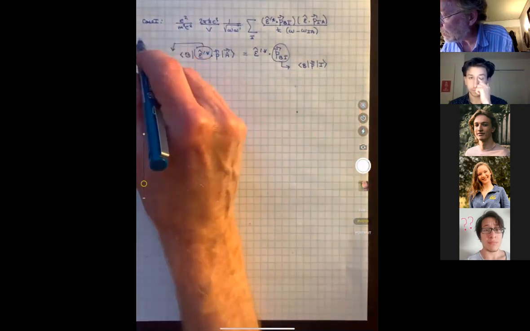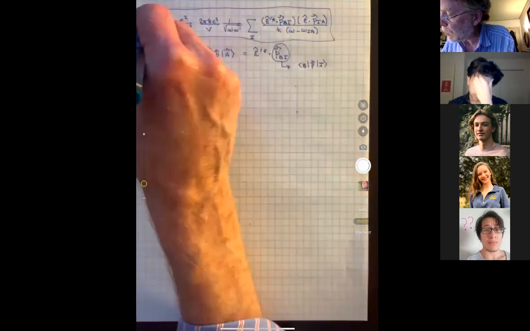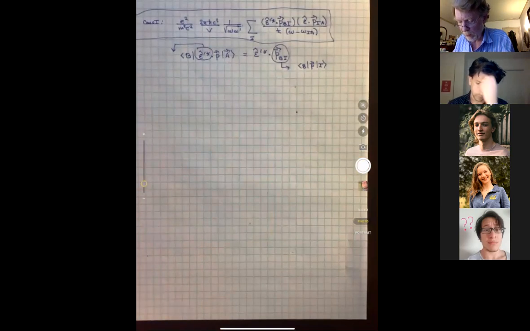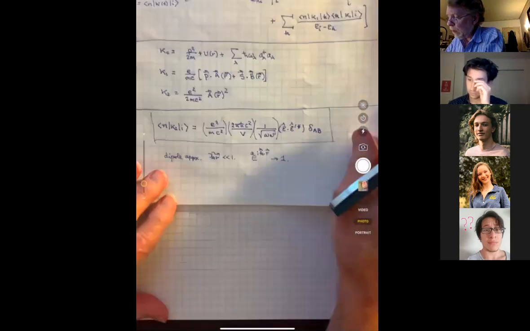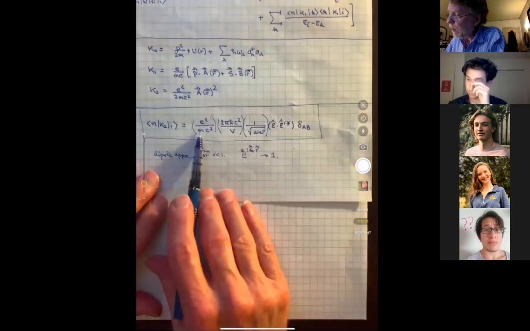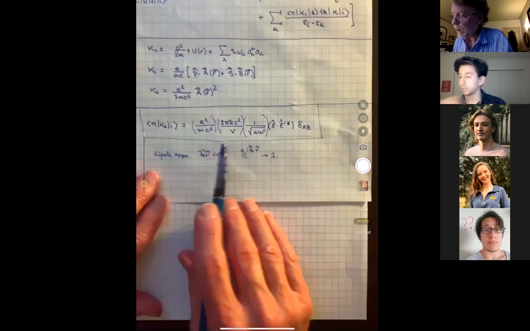In any case, if I do this, then I get this expression for the case 1 contribution to the matrix element, which is to be added to what we had earlier for the K2. So we're taking care of K2 here, that term, and we've taken care of one of the two cases of the sum. Okay.